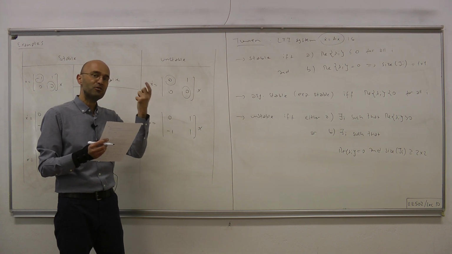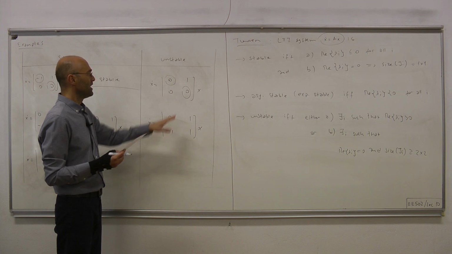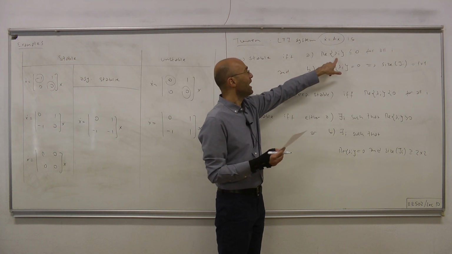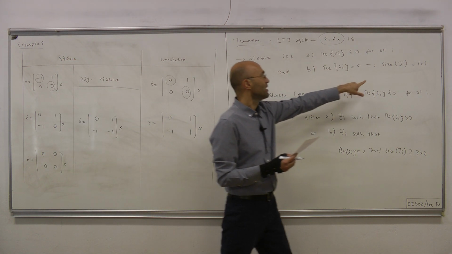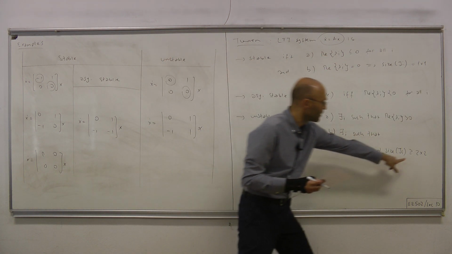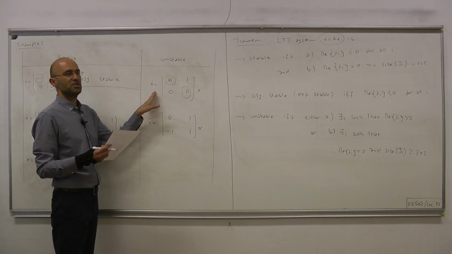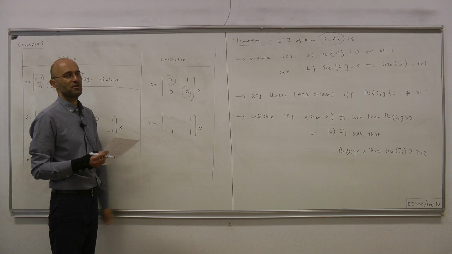In fact, the A matrix itself is the very Jordan block that we're talking about. Even though the eigenvalues satisfy that condition, the size of the Jordan block is 2 by 2, that is, it's larger than 1 by 1. Therefore, this system is unstable.